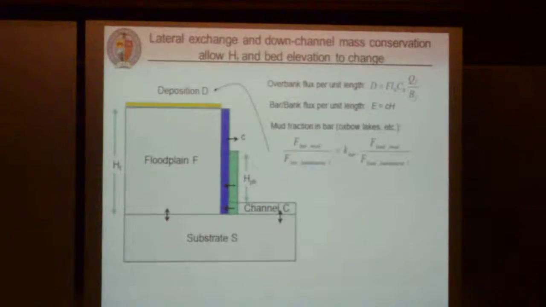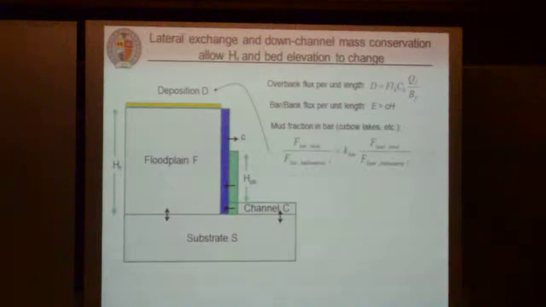And then it turns out that it's important to characterize the size distribution of the material that's moving through the bar into the floodplain deposit. So the bar we usually think of as being entirely bed material. But here, if we're trying to represent a real system, there are other ways that you can exchange material with a floodplain. And certainly, you can get fine material into low parts of the floodplain.